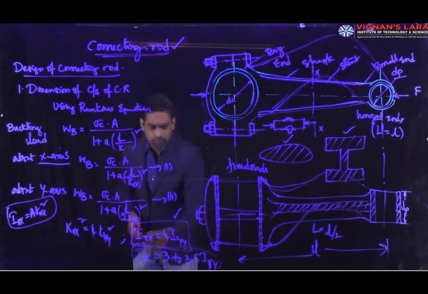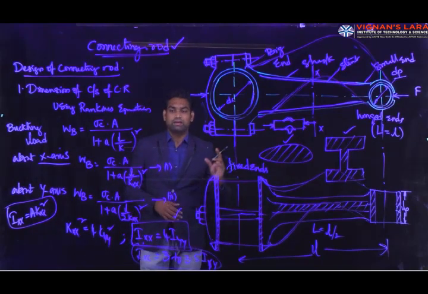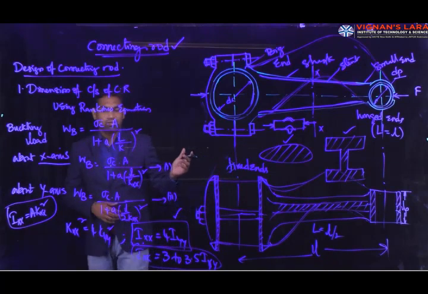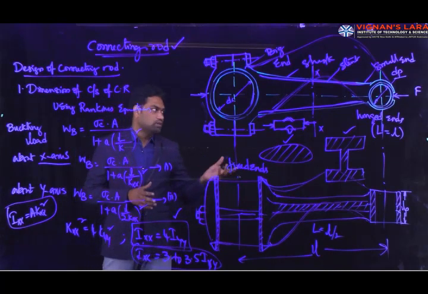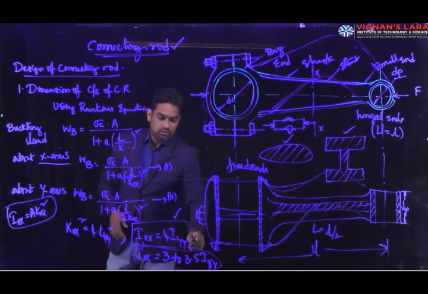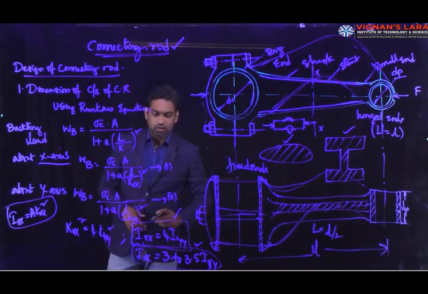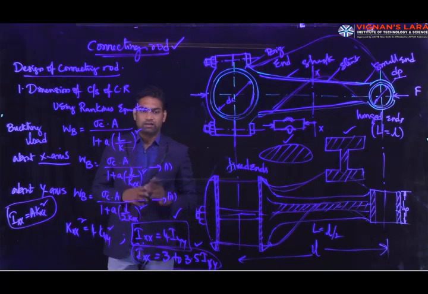You can take the relative proportions for the cross section, and we need to check whether our taken proportions are going to withstand this given statement or not, that is, whether it has sufficient strength to withstand buckling.